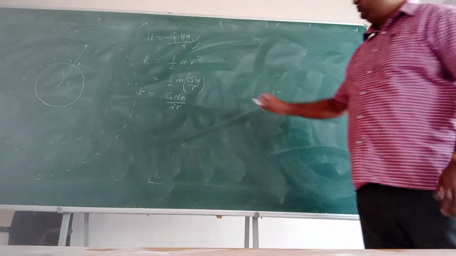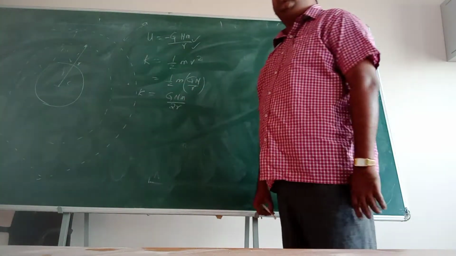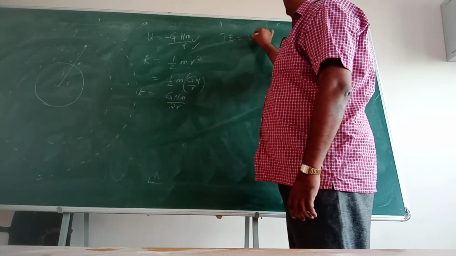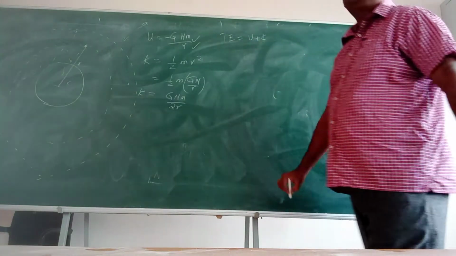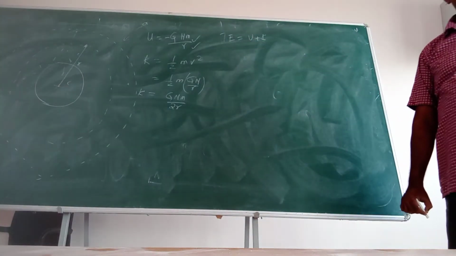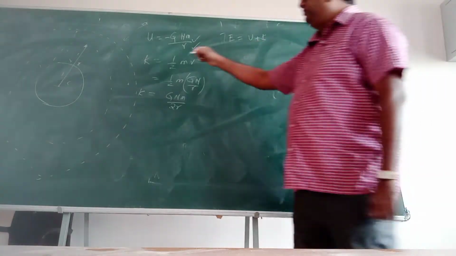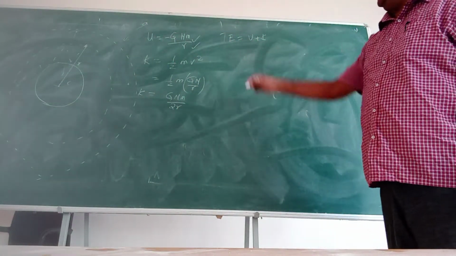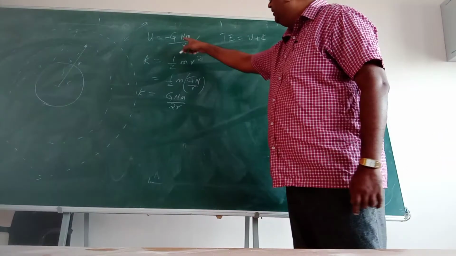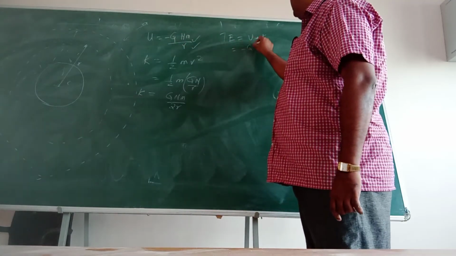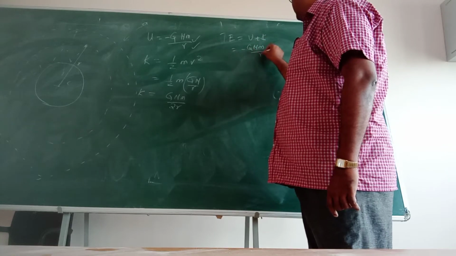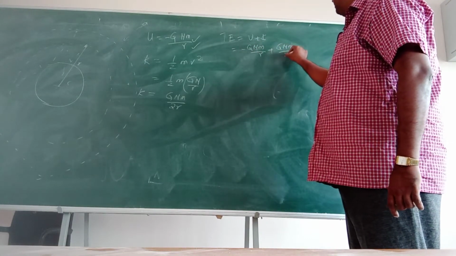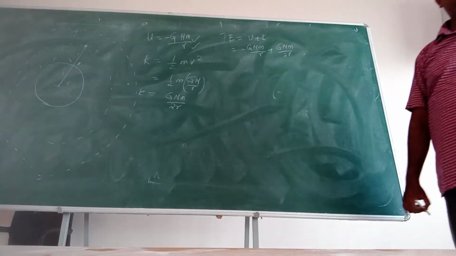Okay? So you see here, what is the total energy now? Total energy T is equal to U plus K. T is equal to potential energy at this point plus kinetic energy at that point. So add these two. You can see here it is minus G M m by r plus G M m by 2r. Right?